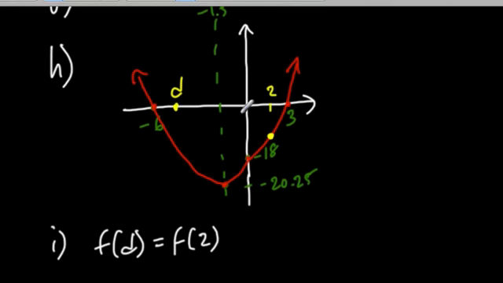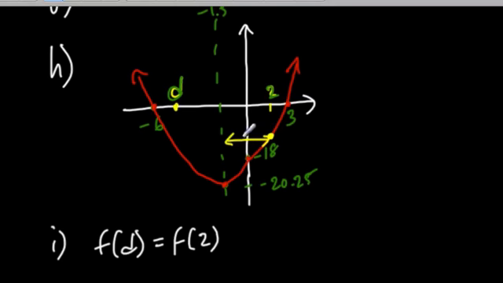We have to find that point, because this is the axis of symmetry. This is what divides the parabola into two. So in order to find this point, I need to know what this distance will be, right? So if this is negative 1.5, and let me write that in green to make it easier to see. And that's d.